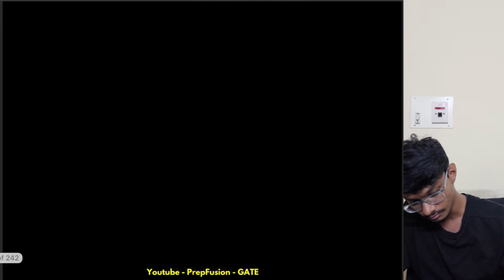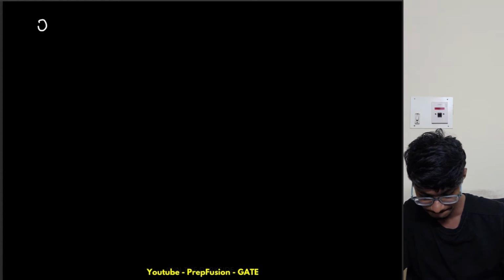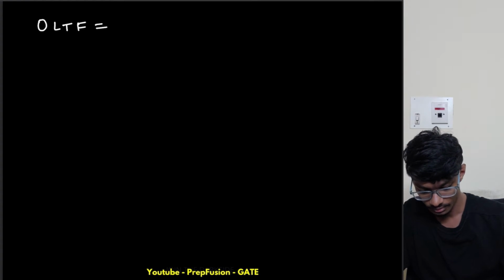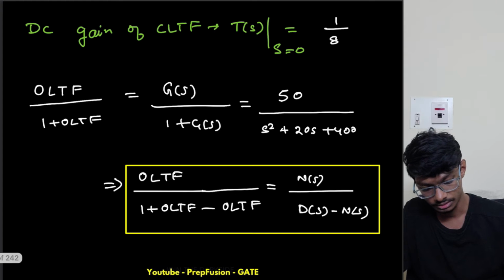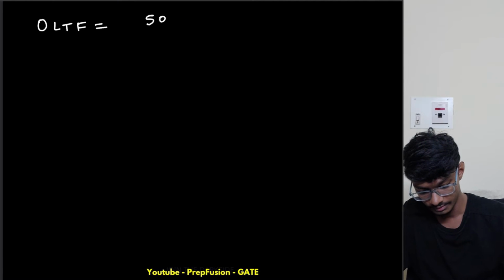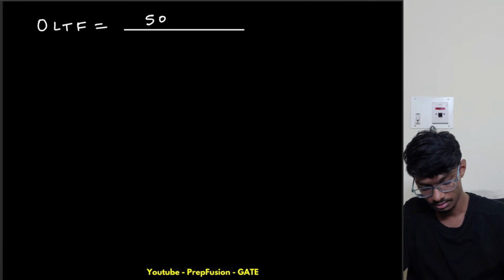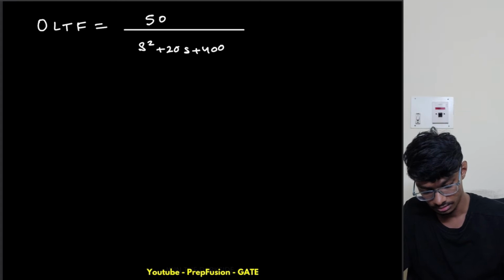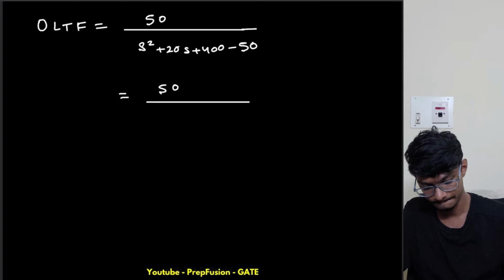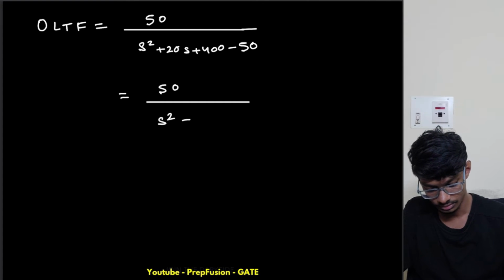So OLTF will be equal to this numerator, 50, divided by s squared plus 20s plus 400 minus 50, right? So 50 over s square plus 20s plus 350, okay.